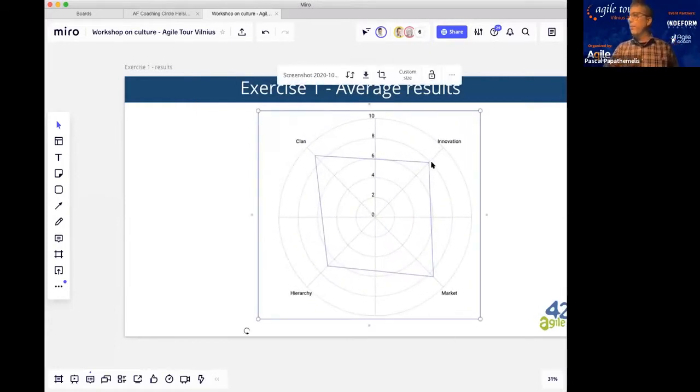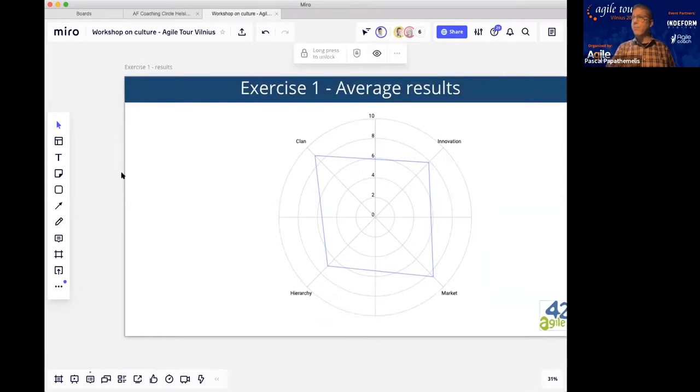So we have something like close to 8 for innovation. For working together, it's more than 8. Then following a process is close to 6 point something, and market is a bit more than 8. That is the graph we have received here, if you see on my screen.